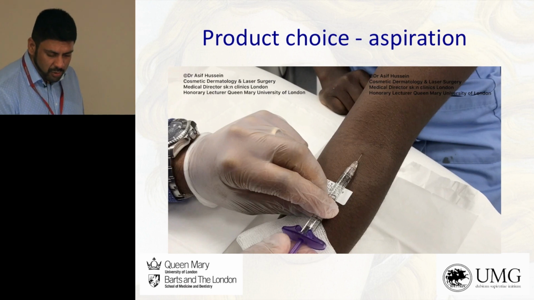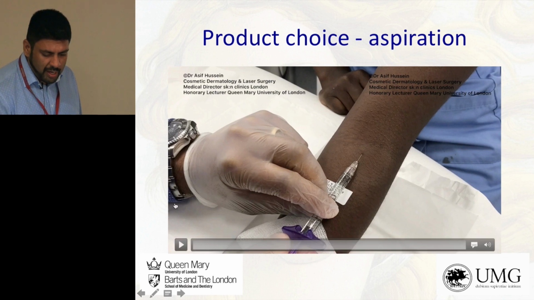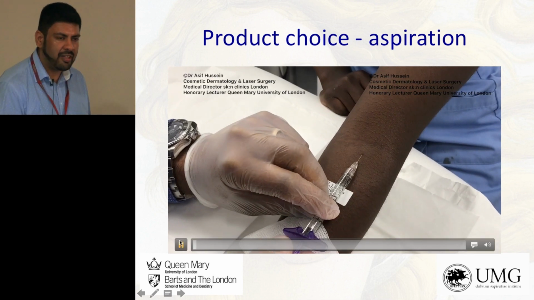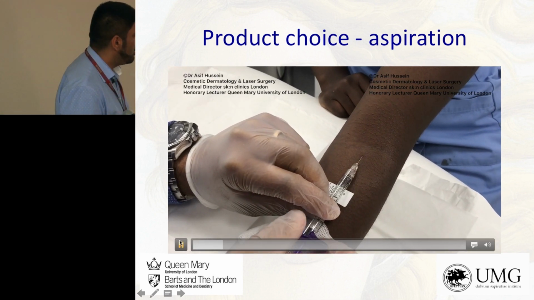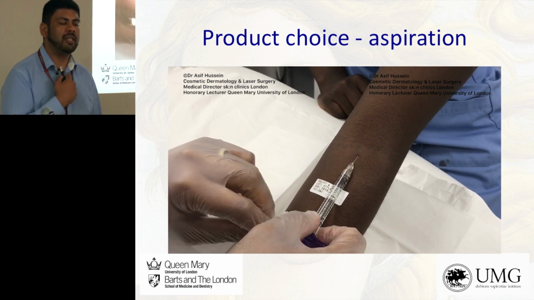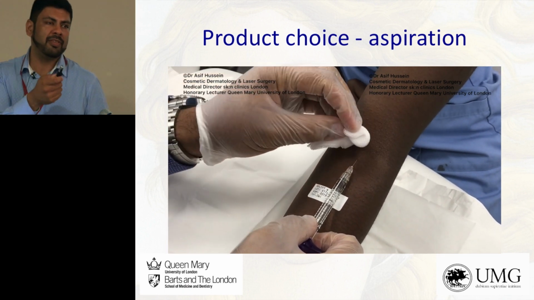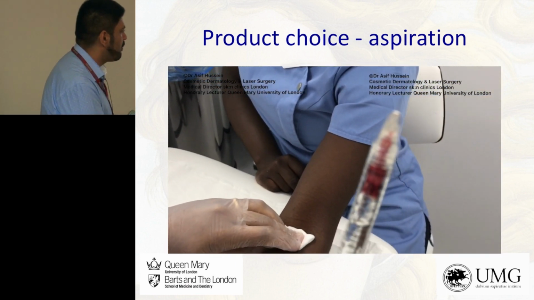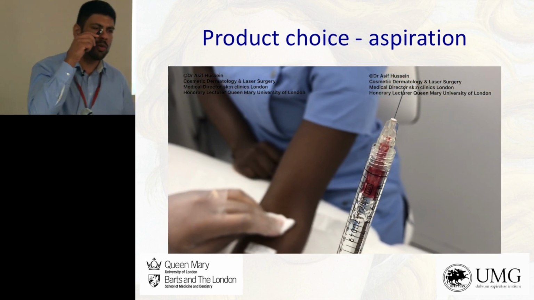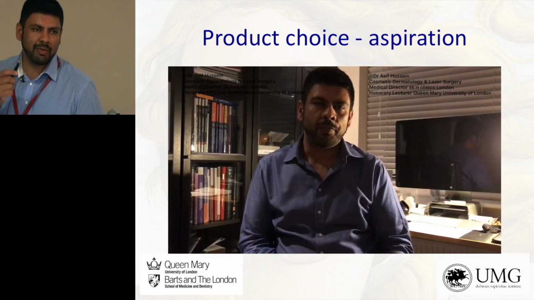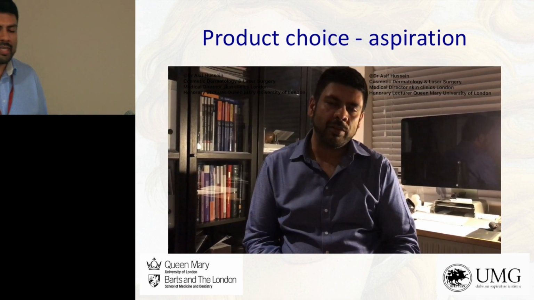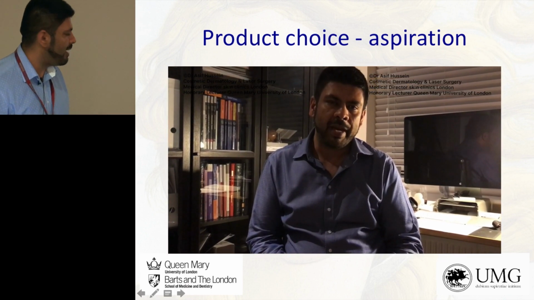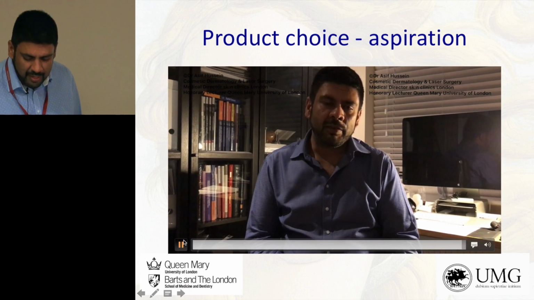Here's a little video quickly to show why I individually check fillers that I'm going to use. I like using a needle. For precision purposes, I like using a needle. So, I want to prove that you can aspirate with a needle, because when I get towards the medial canthus with my needle, I get towards the angular artery.